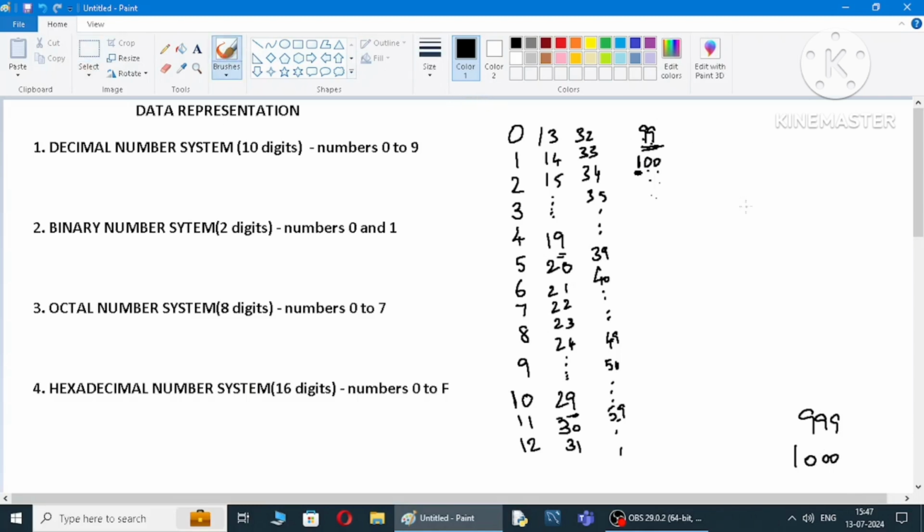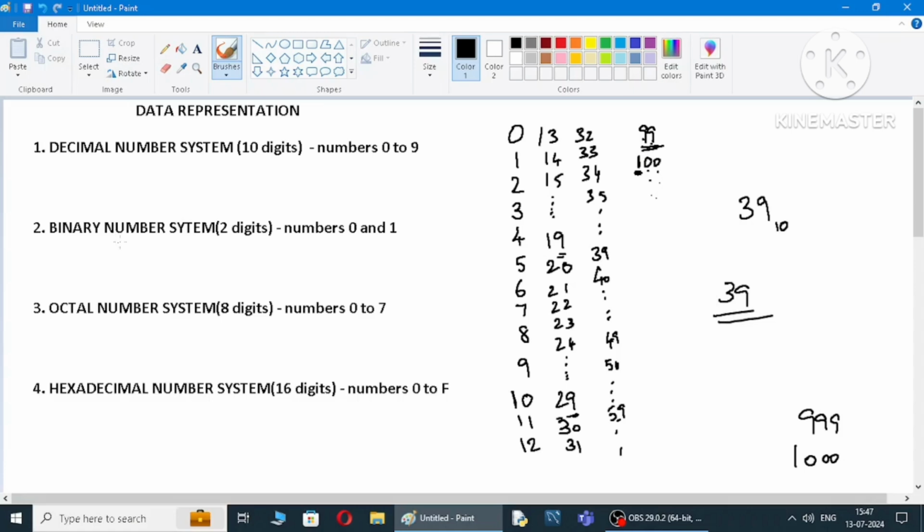And any number which is written in a particular number system, say for example 39, if it belongs to the decimal number system, we indicate it with the help of a radix. Radix is a number that is written in the base of a number. But generally, we won't mention the radix in case of a decimal number system, because any number which is written without a radix is considered as a decimal number.